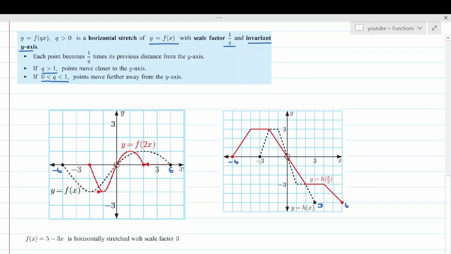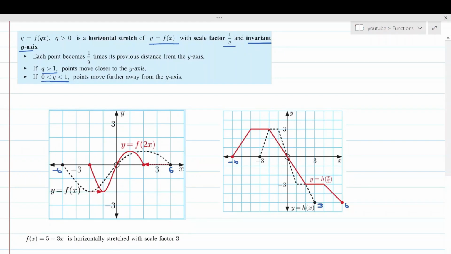So in this example, the minus 3 original value becomes minus 6. And over here, the point which initially had the value of 3 would now have an x value of 6. One thing to observe is our y-coordinates are not changing at all. This is what the invariant y-axis means.